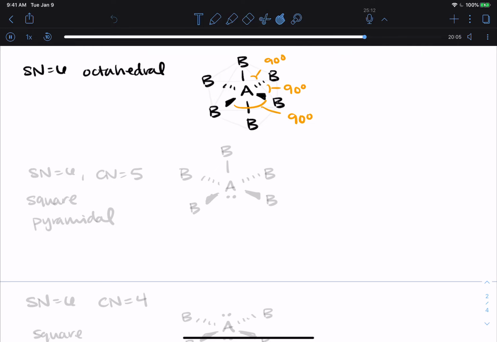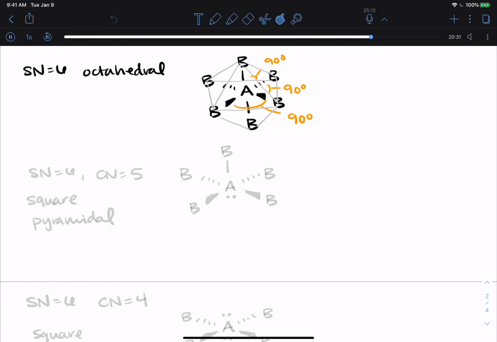Now, the reason that it's called octahedral is that if I were to connect my top B to the two on the side, right, it makes a little triangle. I can make little triangles all the way around the top. And there's one in the back. And then I can make these little triangles all the way around the bottom.